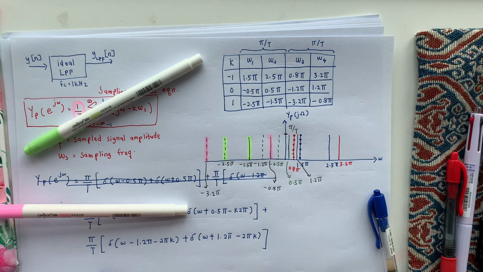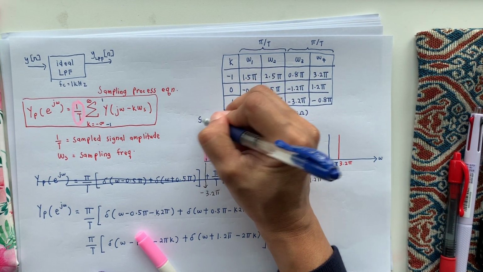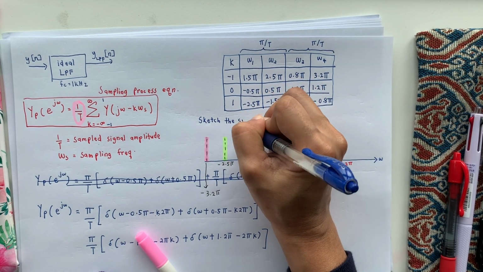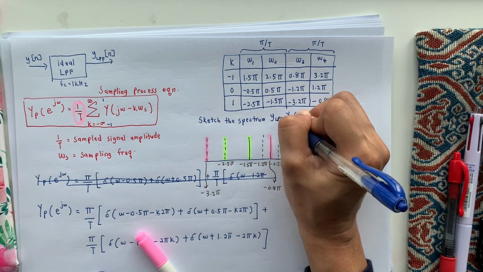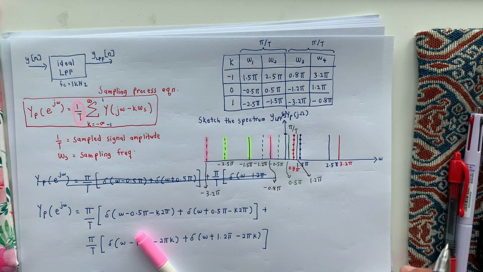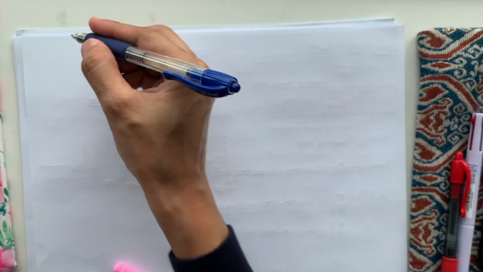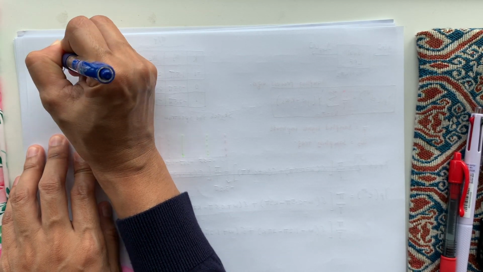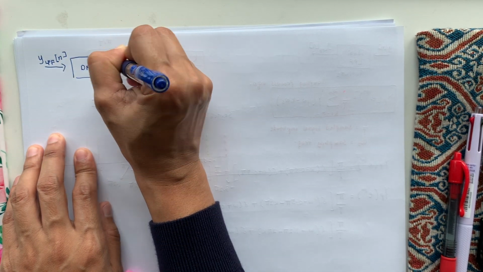Okay, so go back to our question. If in case you are asked to sketch the spectrum of the low pass band. Okay, so go back to our question. What you have to do next is you need to convert Y_LP[n] to y(t).